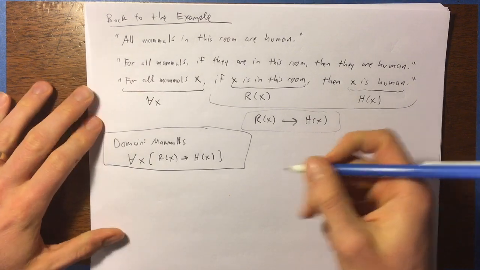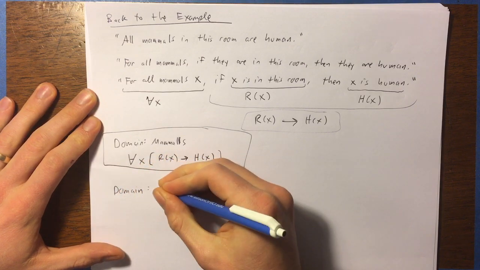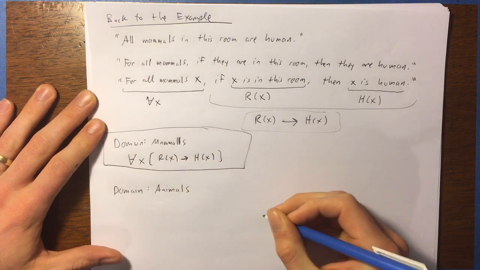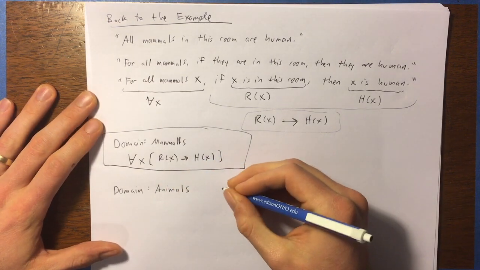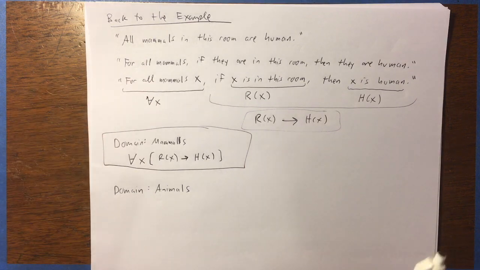For example, if we wanted to use a different domain, let's say the domain is all animals. Well, then we're actually going to need to introduce another predicate, because X could now be any animal.